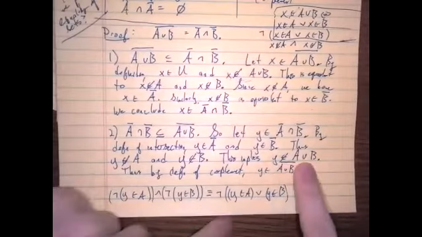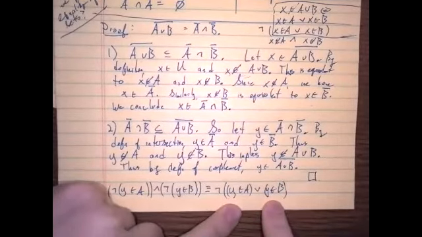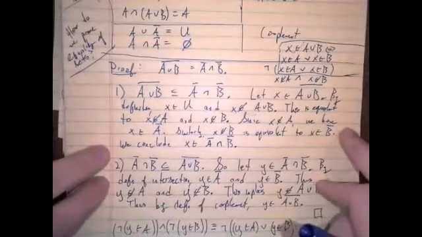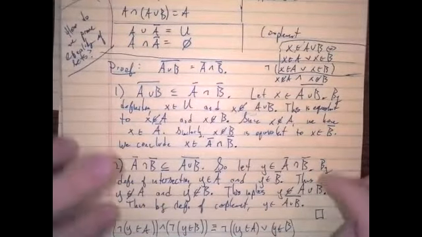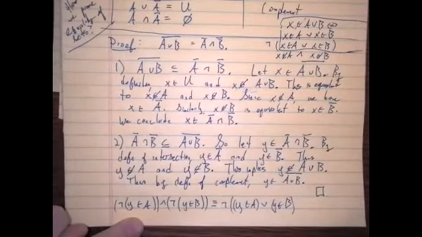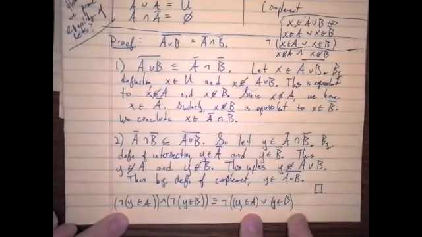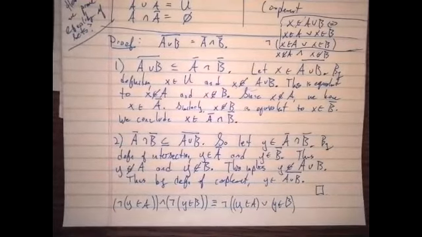Thus, y is not in the union. So what I want to emphasize is that this rule for sets, which is called De Morgan's for sets, can literally be brought down directly using the definitions to the logical statement of De Morgan's. It matches precisely with the logical statement of De Morgan's.